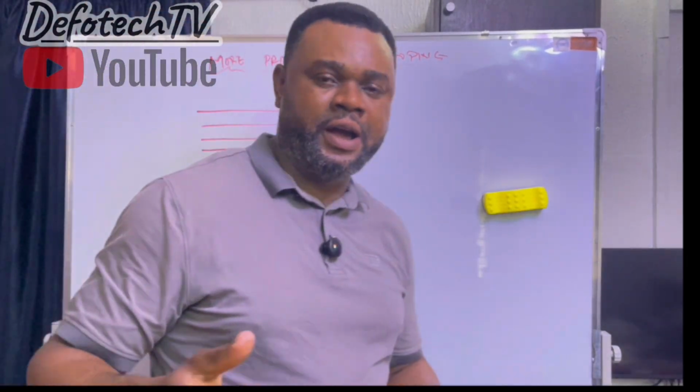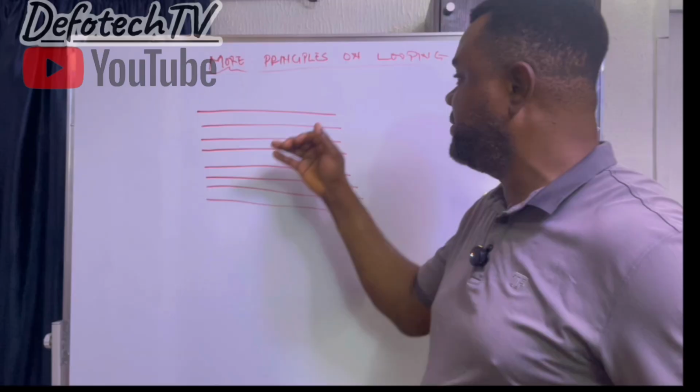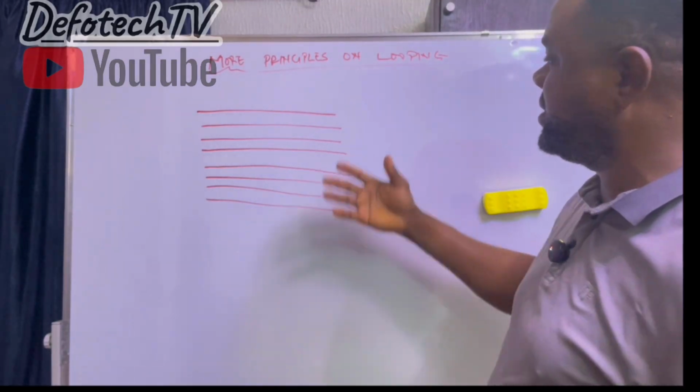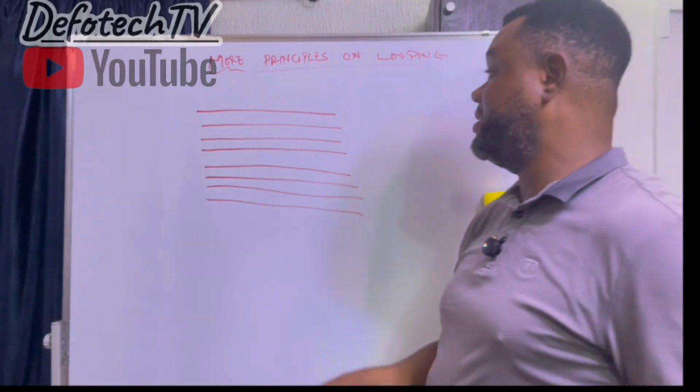If we have our electric fence just this way, we have 1, 2, 3, 4, 5, 6, 7, 8 lines. All right.